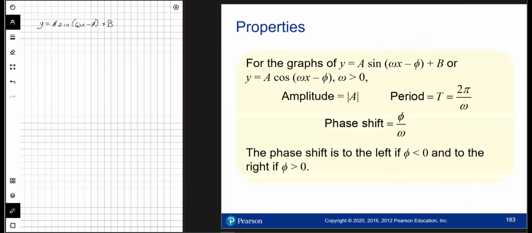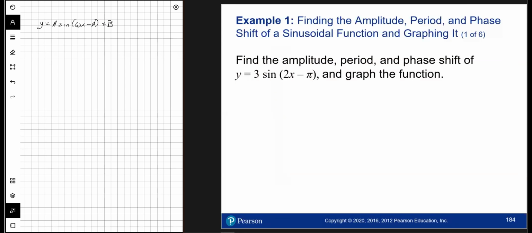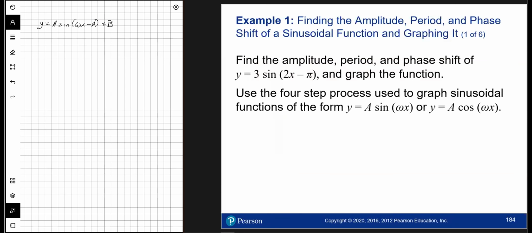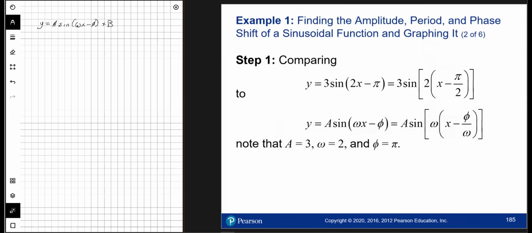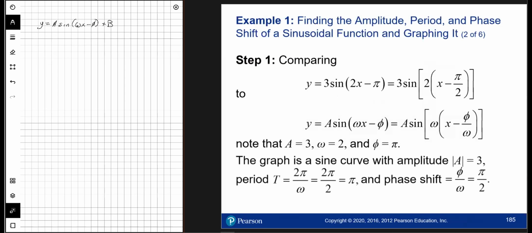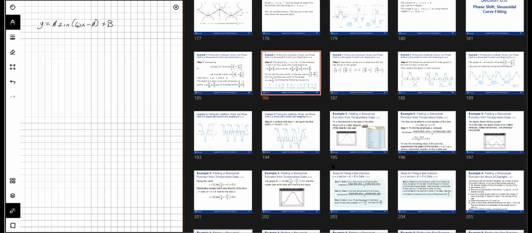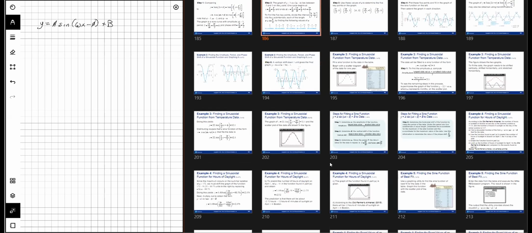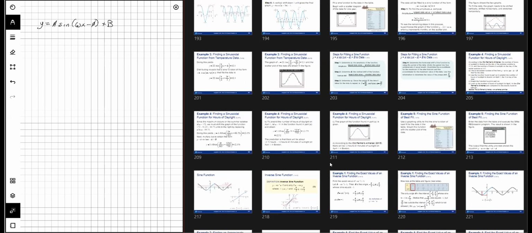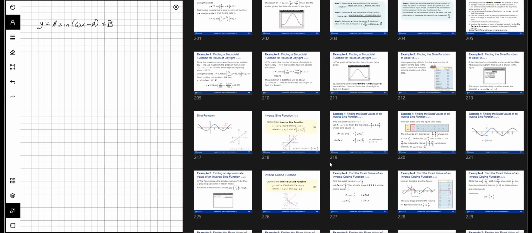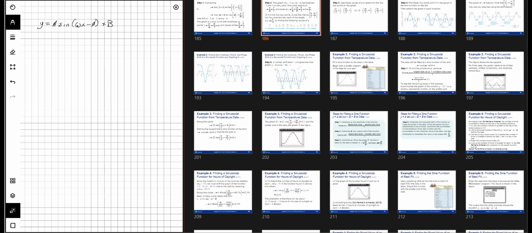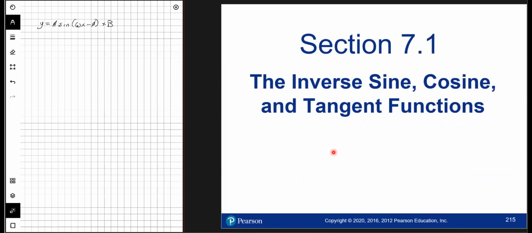Yeah, we looked at doing the curve fitting as well, right? So this is what I was thinking we were getting close to.